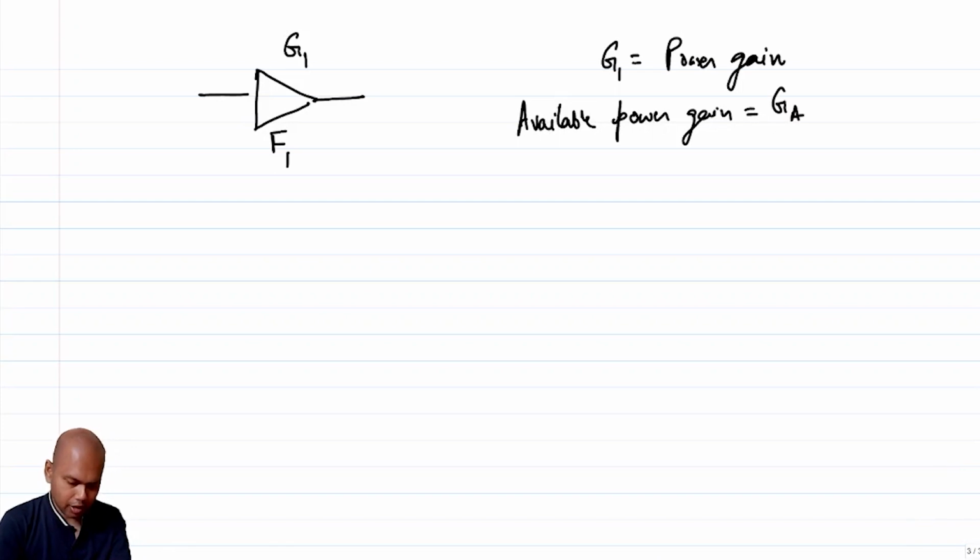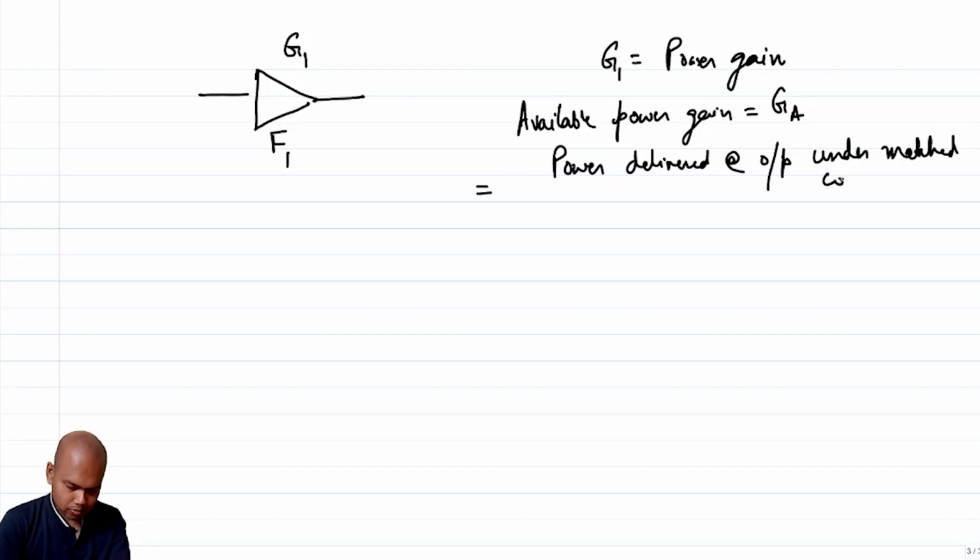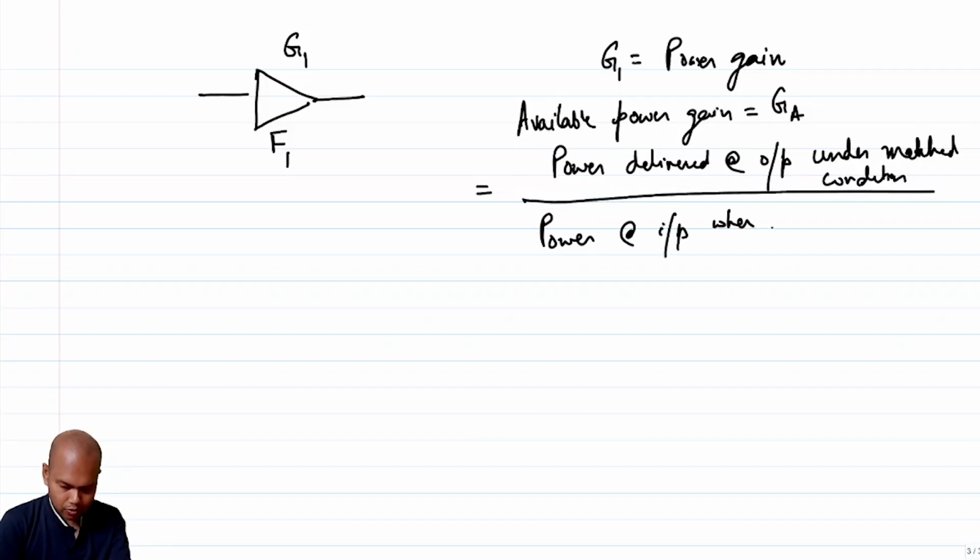You'll call it GA, which I would like to define as the power delivered at the output under matched condition, divided by the power at input when the input is matched, right?